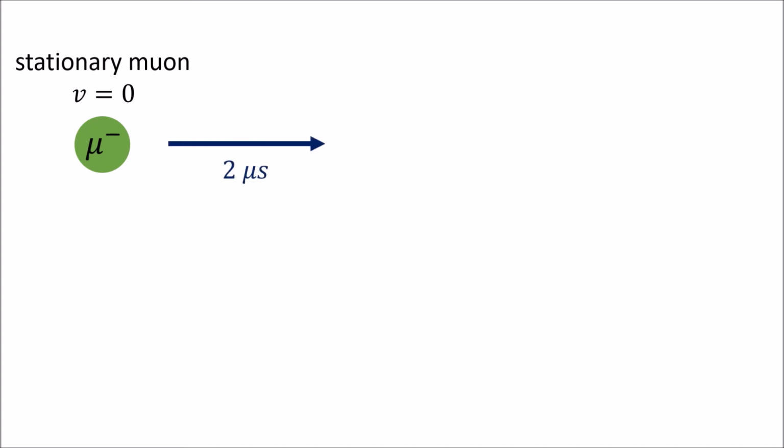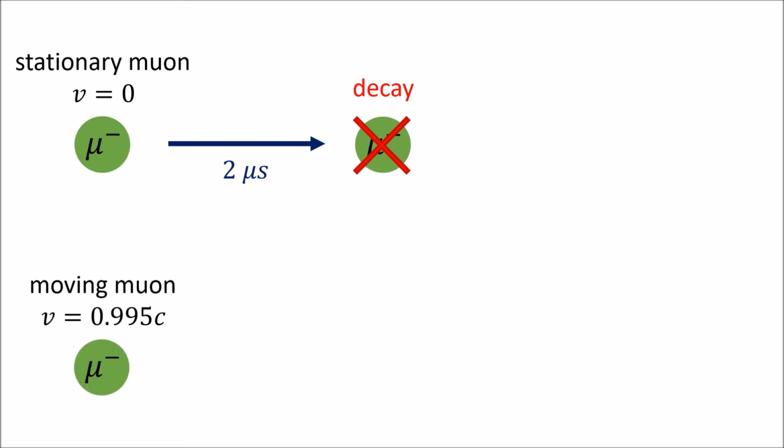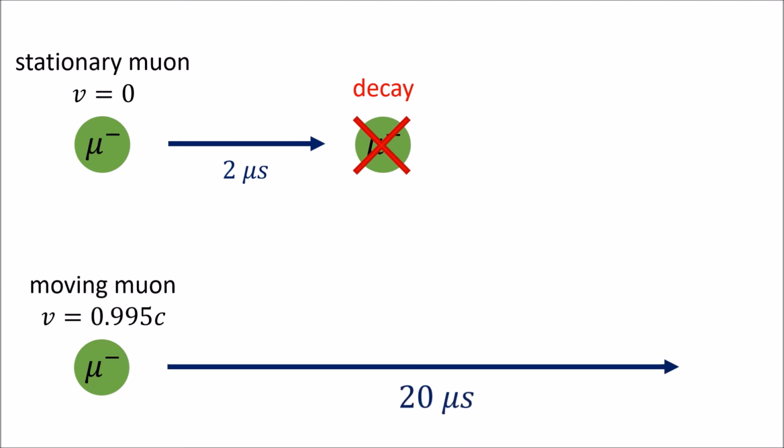In Relativity 101, I gave the example of how a muon particle that's stationary will live for about 2 microseconds on average before it decays. But that same muon, if it's moving close to the speed of light relative to the Earth, scientists on the Earth would observe the muon living for about 20 microseconds, 10 times longer, because of time dilation before it decays. And this sounds pretty crazy, but it's not that hard to explain if we use vectors.